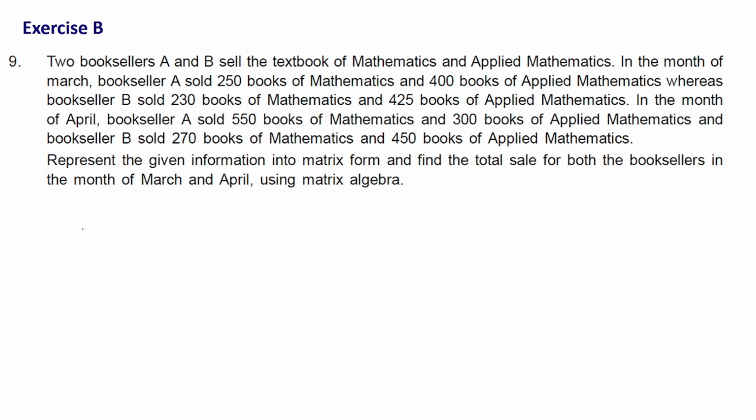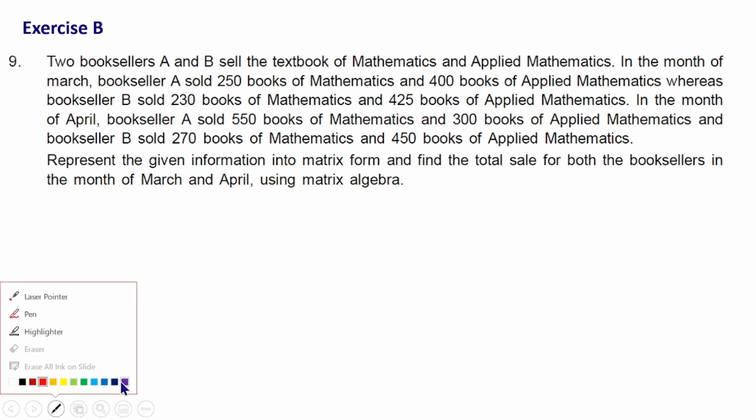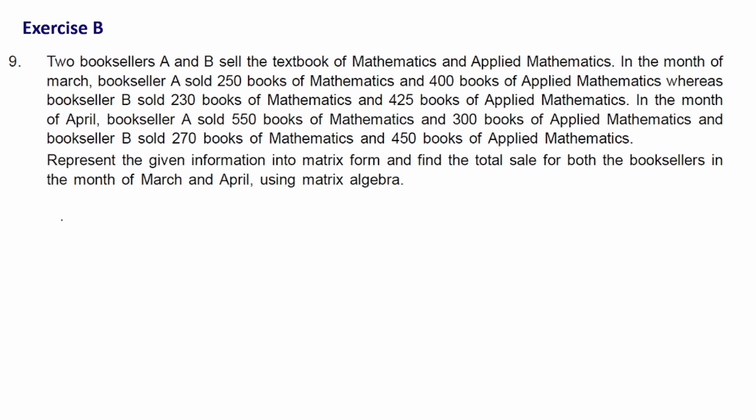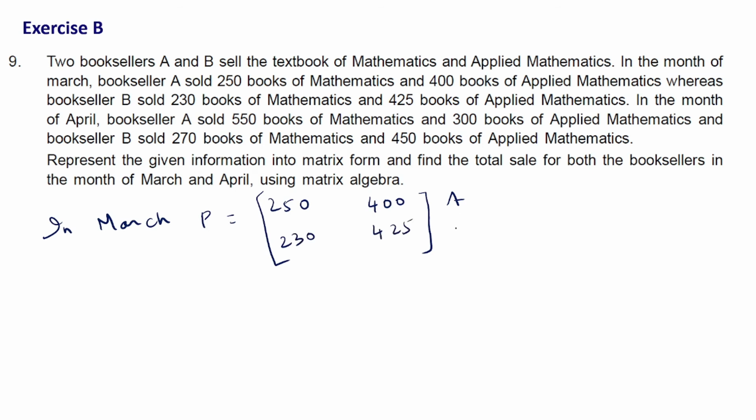So if we consider the month of March, let us take matrix P equal to 250, the number of mathematics books sold by bookseller A, and 400, the number of applied mathematics books sold by bookseller A. So this is for A, and here we have 230 and 425. This is for bookseller B in March.